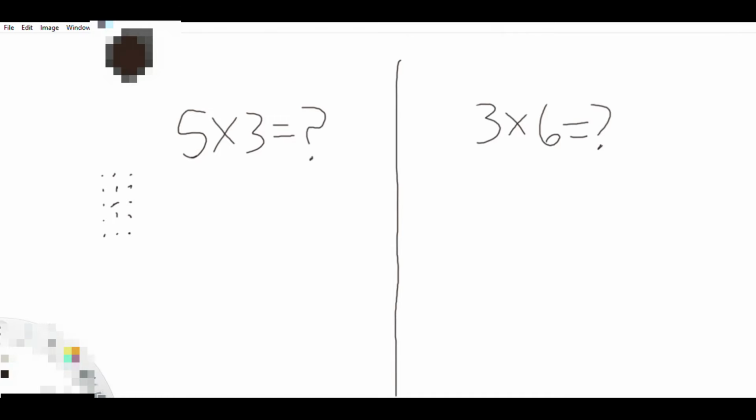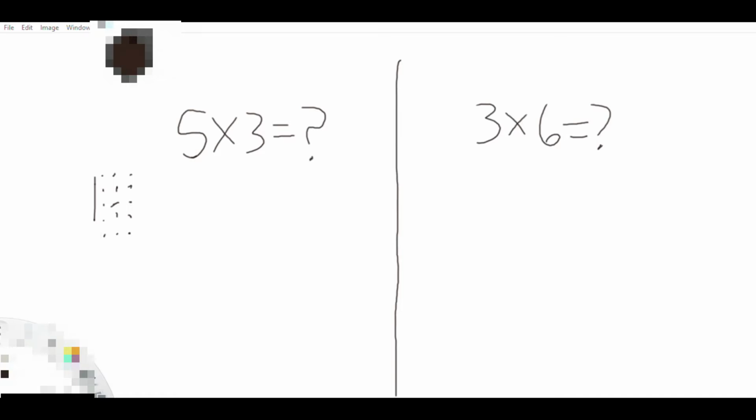Okay, so now I want to explain how this dot is very important. It applies this way and this way. That's how the array works. So let me redo that.